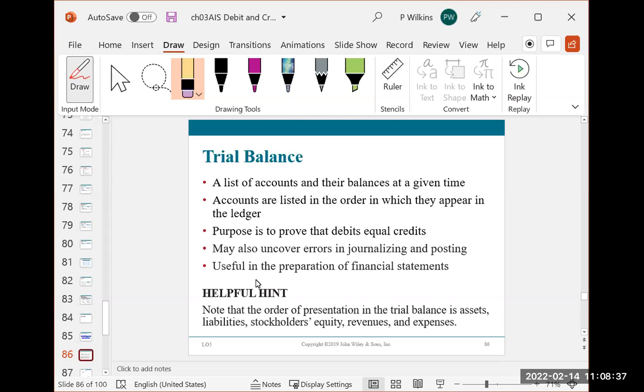Okay. Now, it doesn't uncover all of the possible problems that you can have, but it might alert you to some possible issues within your accounting. Okay. Now, the order of presentation of the trial balance. This is the order that you put the items in: assets, liabilities, stockholders' equity, revenues, then expenses.